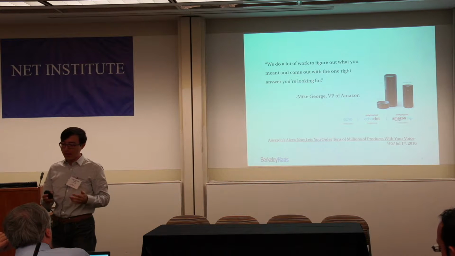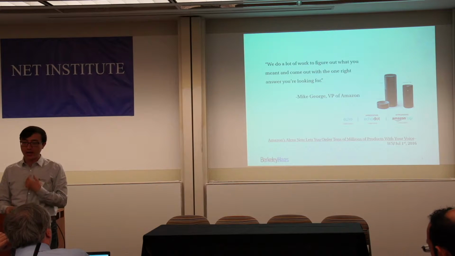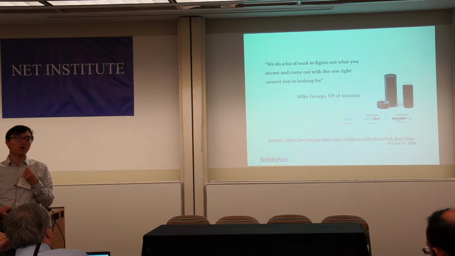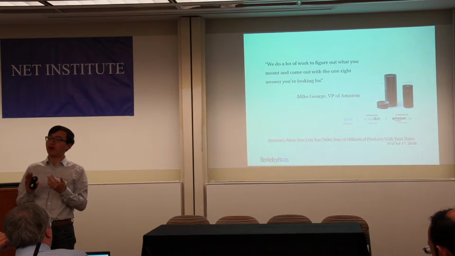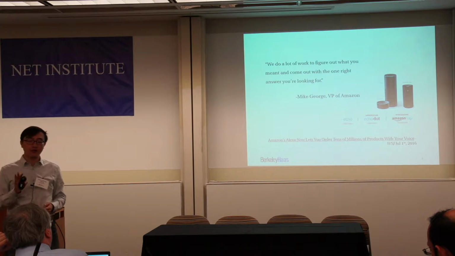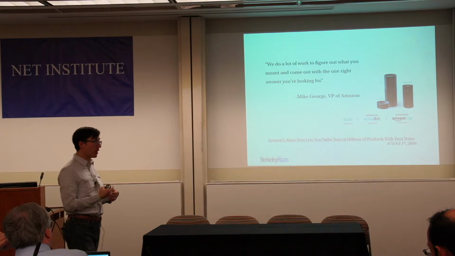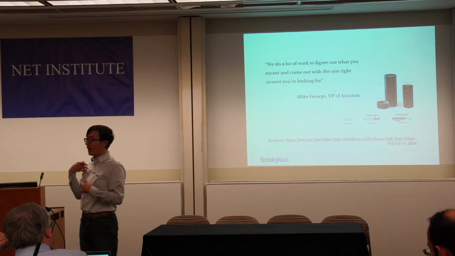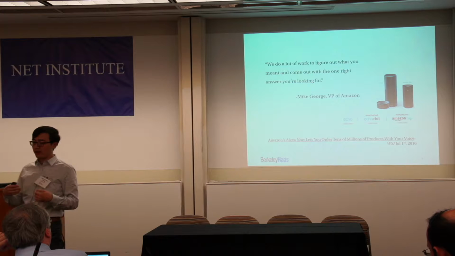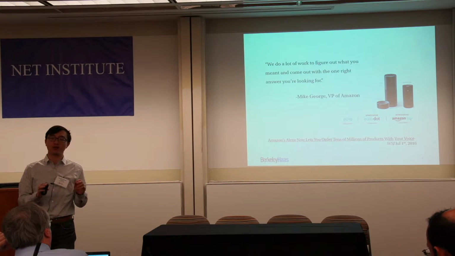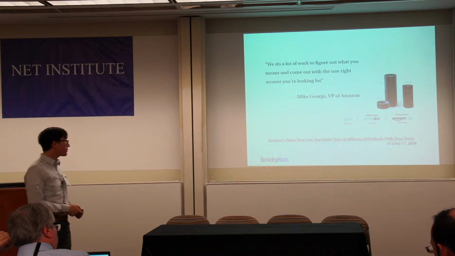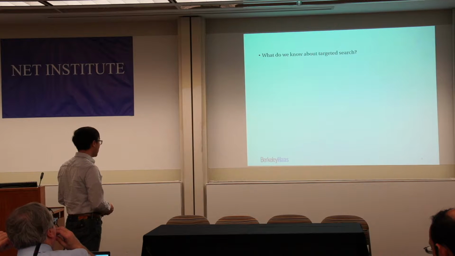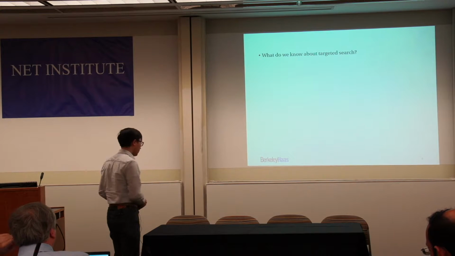Because Amazon knows a lot about consumers, they have consumers' home address, everything, and especially purchase history, they can use that information to make inferences about consumers' preference and give consumers their very highly targeted one right answer, okay?